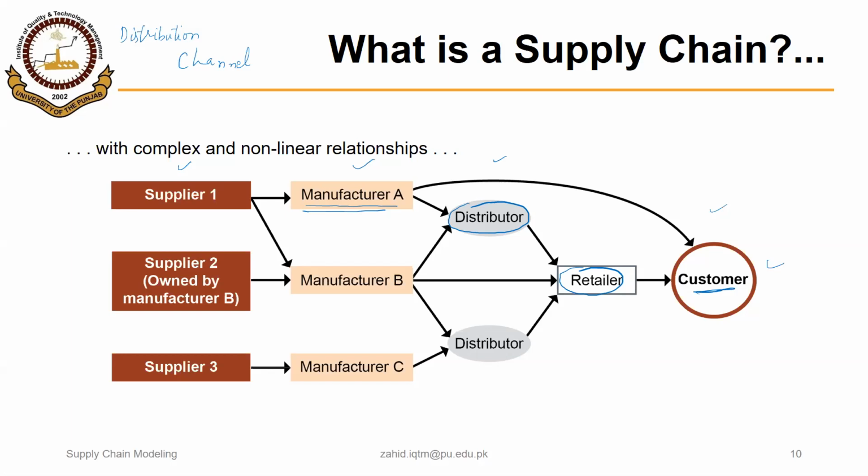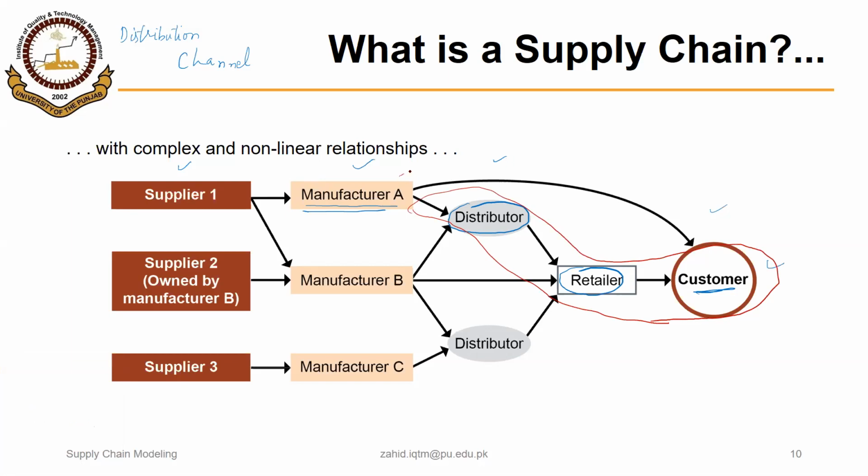So that is one distribution channel. We are sort of ignoring supplier one here, but supplier one is also, of course, part of the supply chain. So this is one distribution channel that manufacturer A is using.